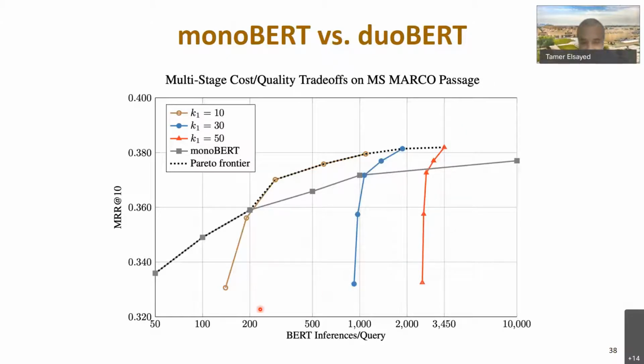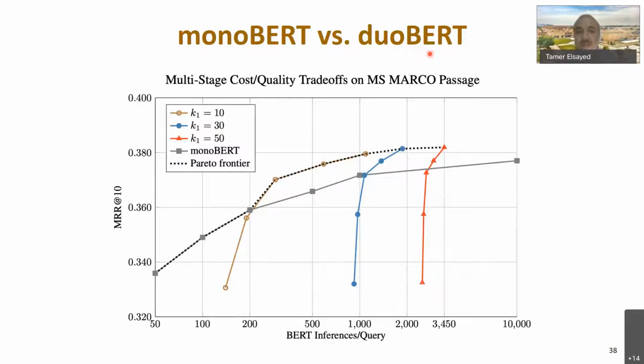Let me tell you first what the x-axis and the y-axis are here. Let's first talk about the cost of monoBERT and the cost of duoBERT in terms of how many times we use BERT.